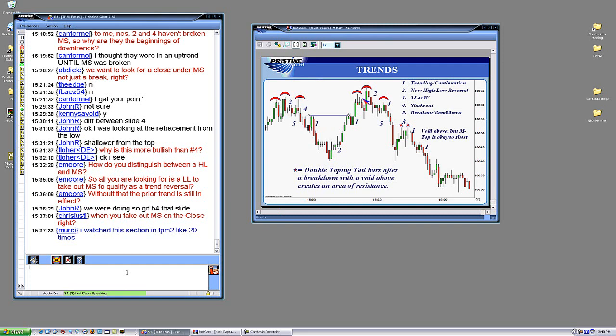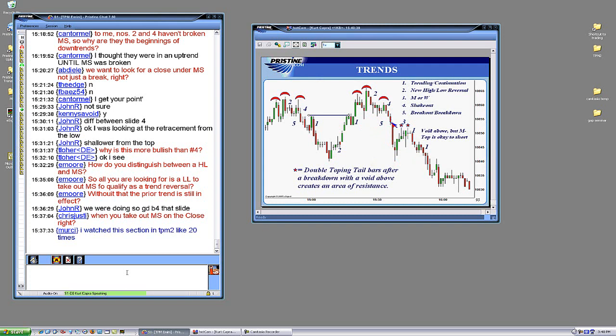Prices move higher. We're no longer in a downtrend. Then we get this new high reversal, which turns into a shakeout. Breakdown under major support puts the trend now down.